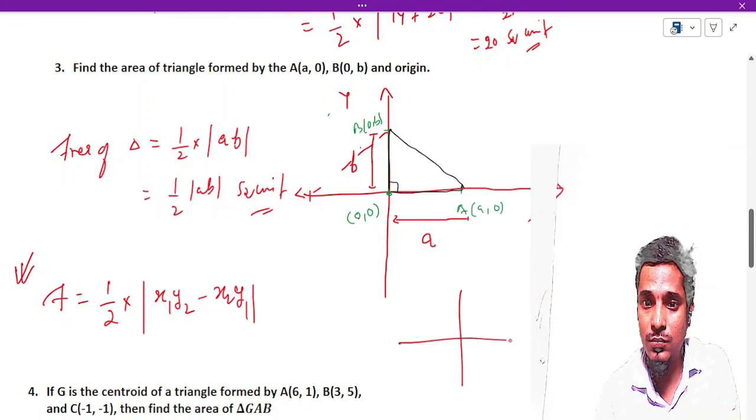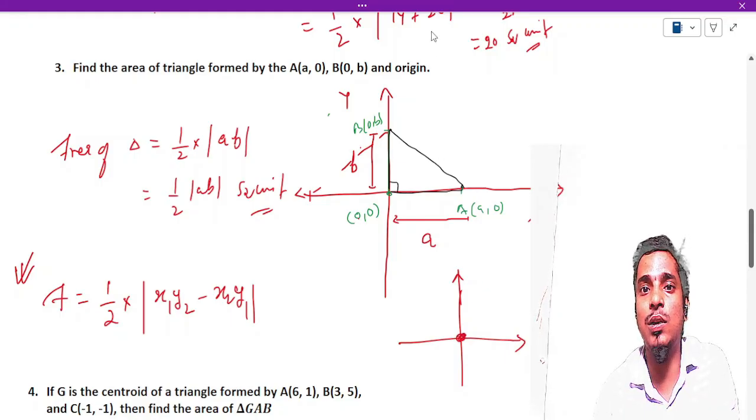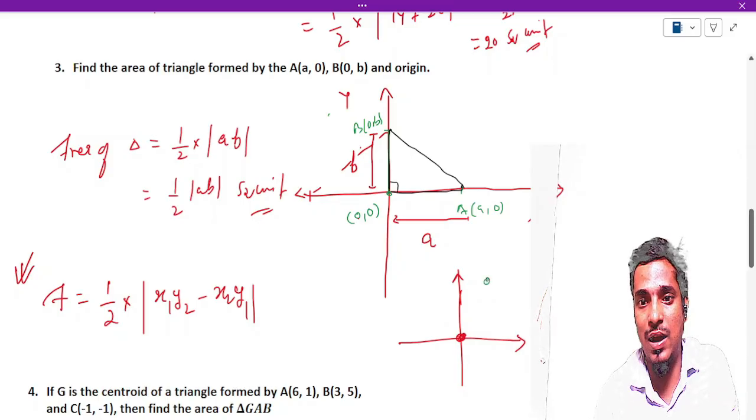Suppose we are looking to find the area of a triangle in which one of the vertices is the origin and the other two vertices are given. Let's say this is x1 y1 and this is x2 y2.